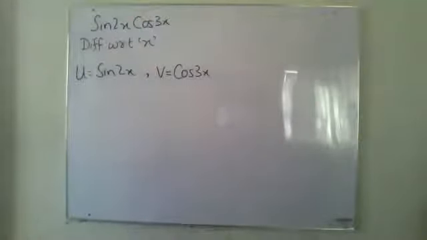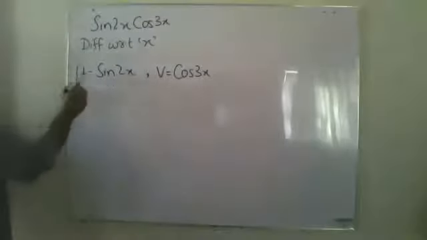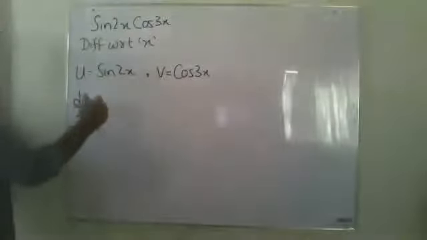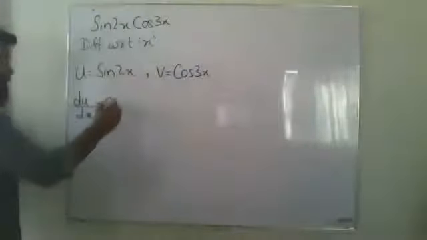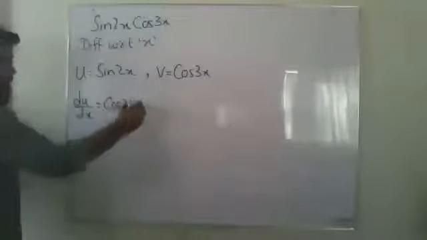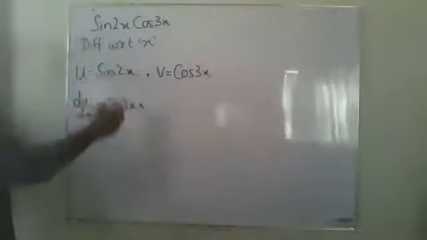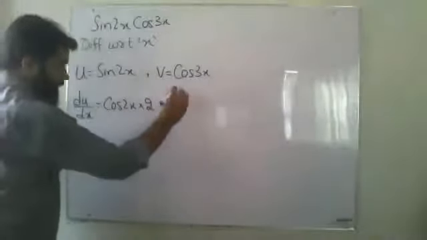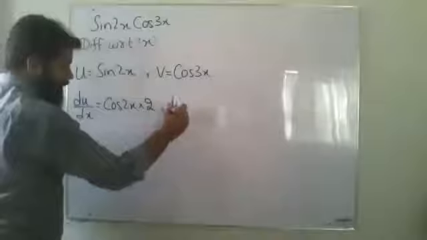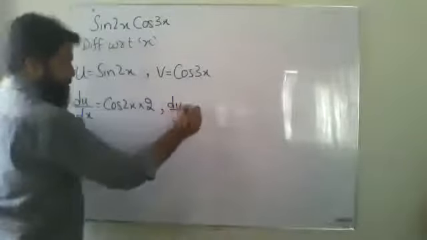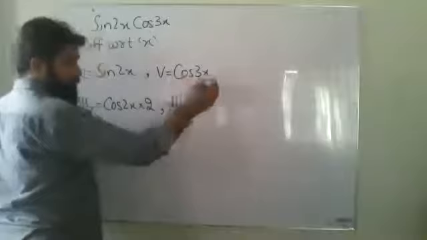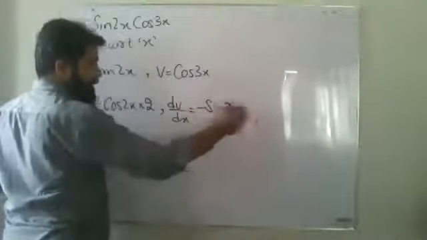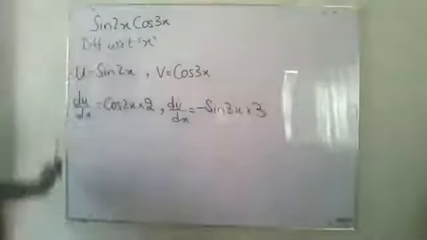Okay, then according to the formula says differential of u. So what will be the differential? No whole power is given. Sine differential will be cos 2x into differential of angle will be 2. In the same way, differential of v, dv over dx will be, no whole power is given, minus sine 3x, and differential of angle will be 3.